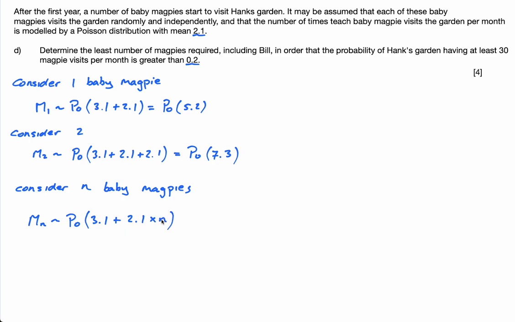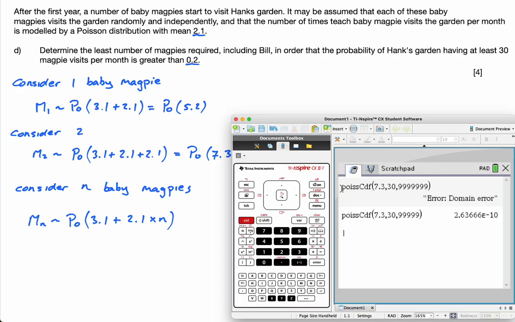That's it, and I need to find this n. So let's just change this. I'm going to copy and paste this again, but instead of a mean of 7.3, I'm going to do 3.1 plus 2.1 times n.